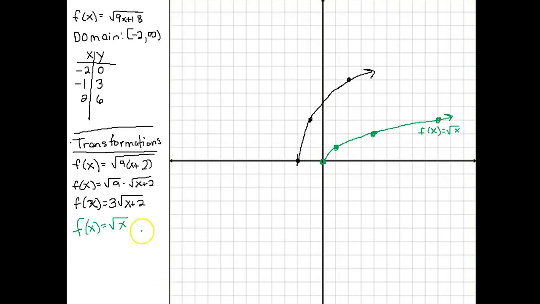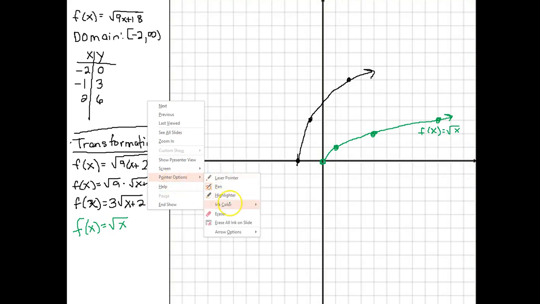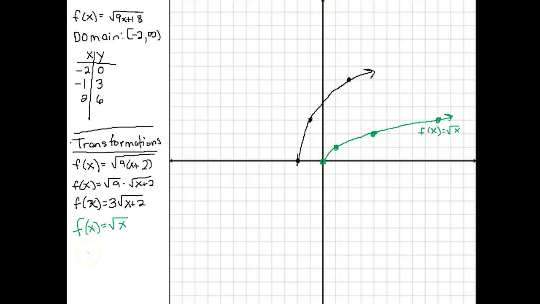Okay, and then I do the x plus 2. Let's change my color here. And I look at f of x equals square root of x plus 2. And this is going to tell me that it shifts left 2.